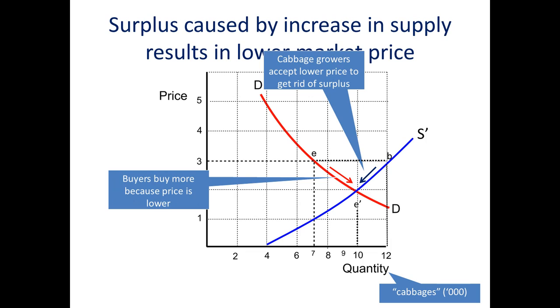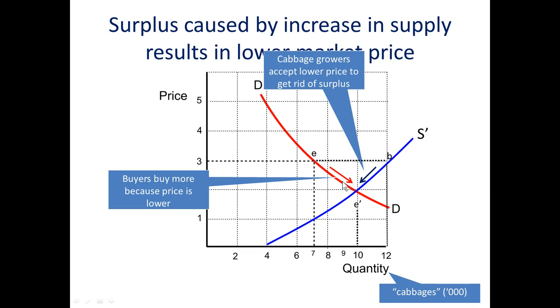On the other hand, consumers or buyers will be prepared to buy more cabbages. They move down their demand curve as the price falls. So a new equilibrium eventually occurs at E prime as demand has moved down their curve and supply has moved down theirs.